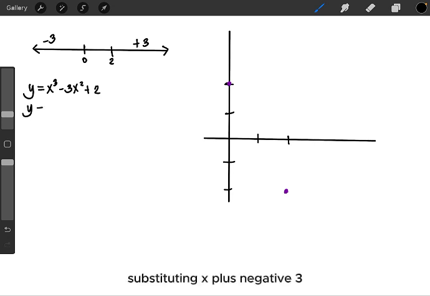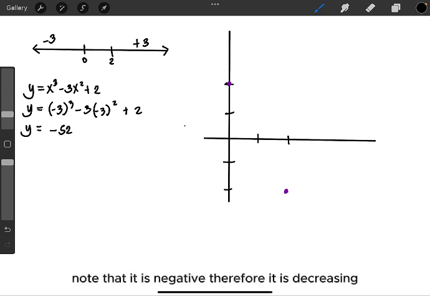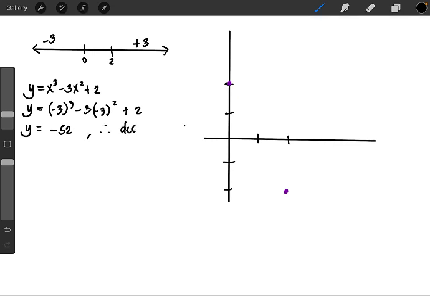Substituting x as negative 3, we have y is equal to negative 52. Note that it is negative, therefore it is decreasing. So it will look like this.